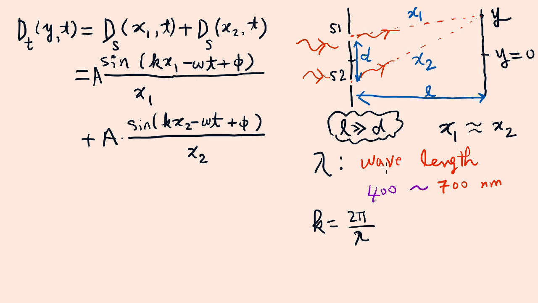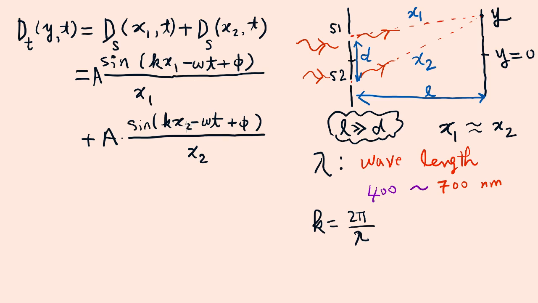Or if they're different by lambda, then these two numbers, Kx1 and Kx2, are different by 2 pi. And phases being different by pi or 2 pi make a world of difference. That's the key of an interference experiment.